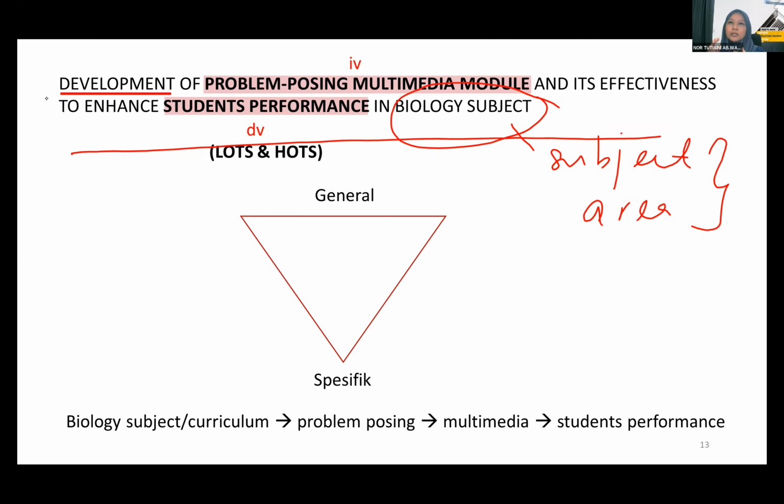And then you need to actually put it in hierarchy. Which one is more general, which one is more specific in terms of you punya research. Okay, later on, after kita dah identify these particular things, okay, dia punya rules of thumb adalah kena arrange from general to specific.